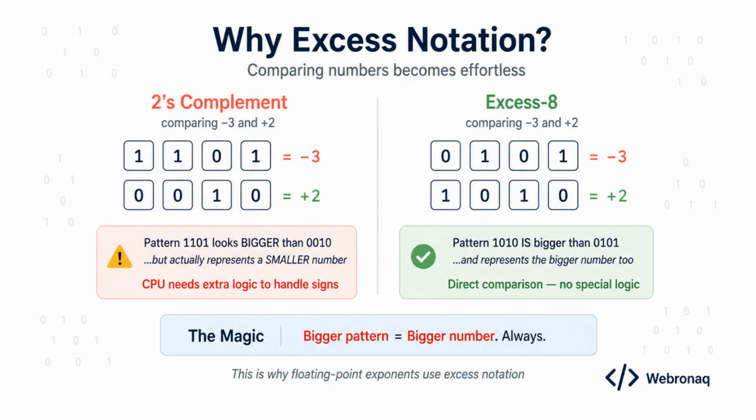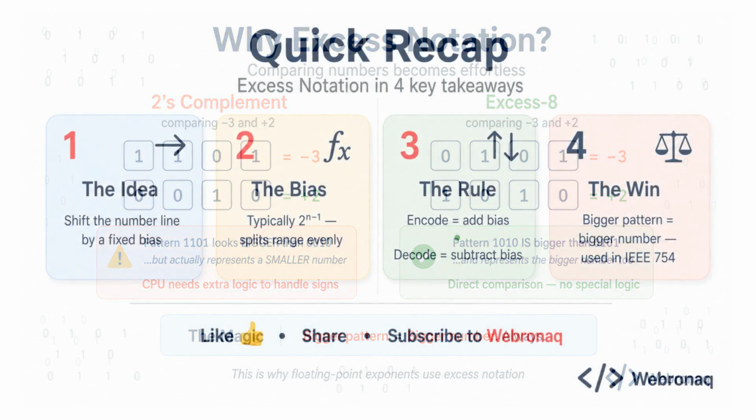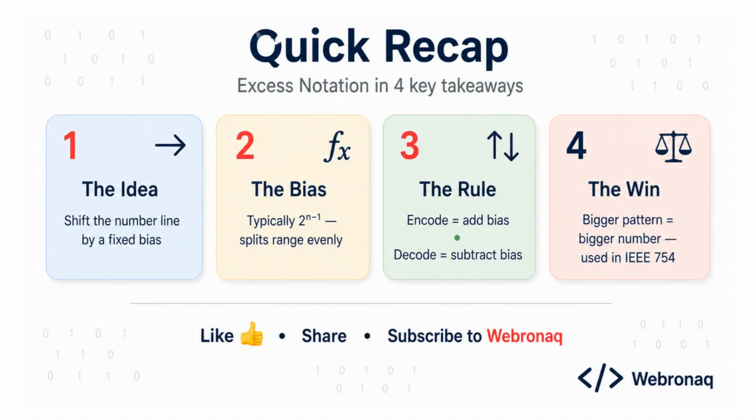All right, let's wrap this up with a quick recap. 1. The core idea. Excess notation works by shifting the entire number line down by a fixed amount called the bias. No bit flipping, no sign bit, just a simple offset. 2. The bias.